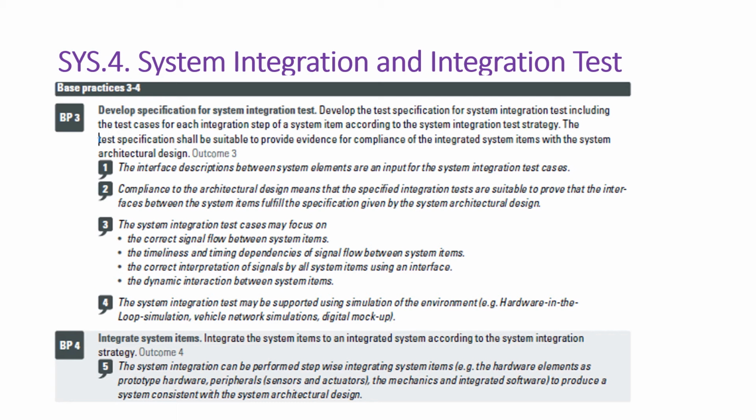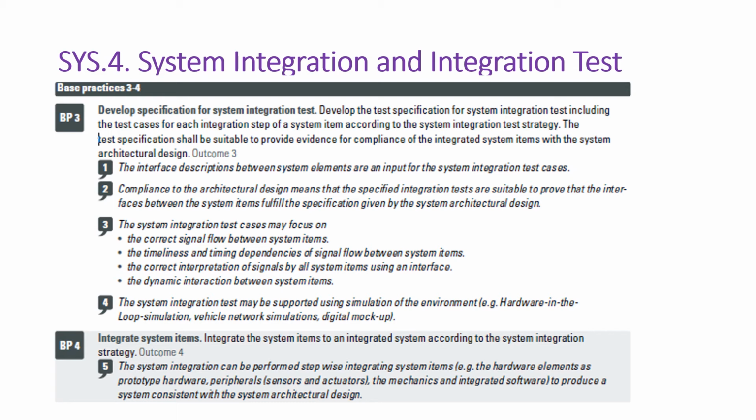BP4 talks about integrating system elements. According to the integration test strategy, we have to integrate the system elements. While we spoke about process outcomes, we have a defined system integration strategy based on the system architecture design. Based on that strategy, we have to integrate the entire system.